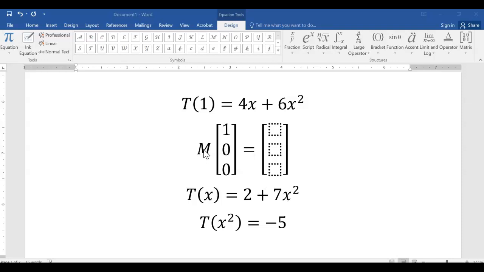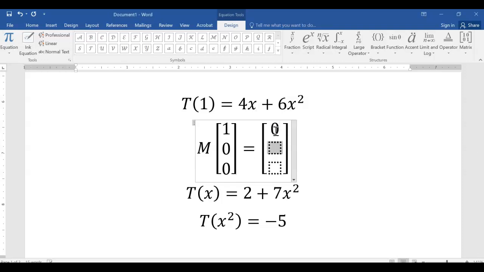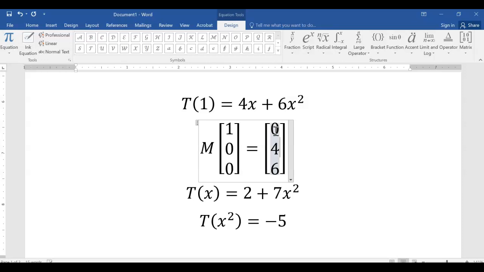So my coordinate vector for 1, because of the order, is going to go 1, 0, 0, because 1 was the first element of my basis, x was the second element, and x squared was the third element. So I've done that. Well, what does the image look like? It looks like 0, 4, 6. And again, that is with respect to the order of my basis: 1, x, x squared.